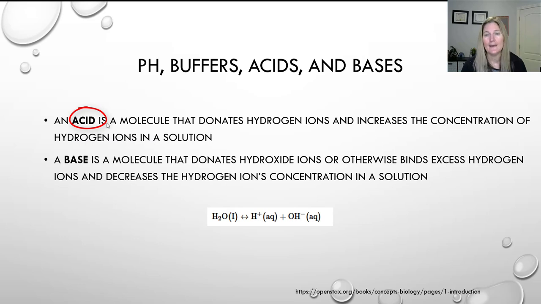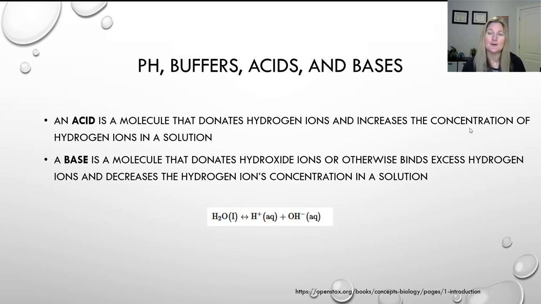Okay, so acids, they add hydrogen ions. So hydrogen ion is H+, okay, so it's basically a hydrogen atom that's lost its electron. Okay, so this hydrogen ion is now in the solution. Okay, so if we have lots of hydrogen ions in the solution, we end up with an acidic solution.